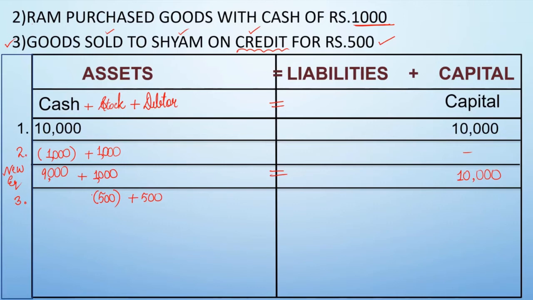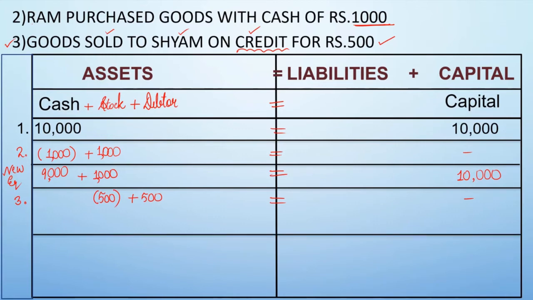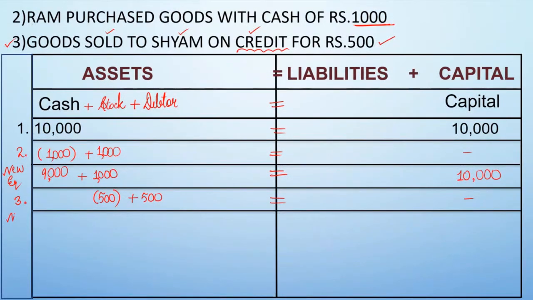On the same side we have recorded stock, and on the same side we have recorded the amount of debtor. So one negative, one positive will lead to a zero or nil impact. Here we can check that every time these transactions are equated. After the third one, the new equation has to be recorded. New equation: 9,000 is the cash balance till date.